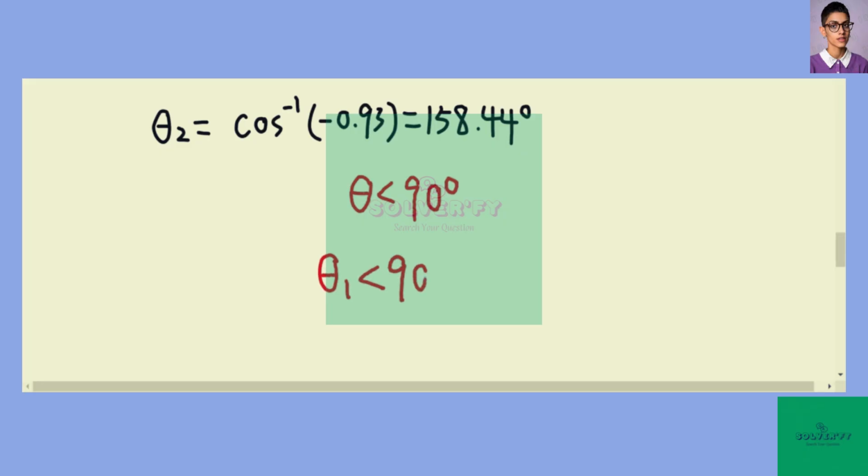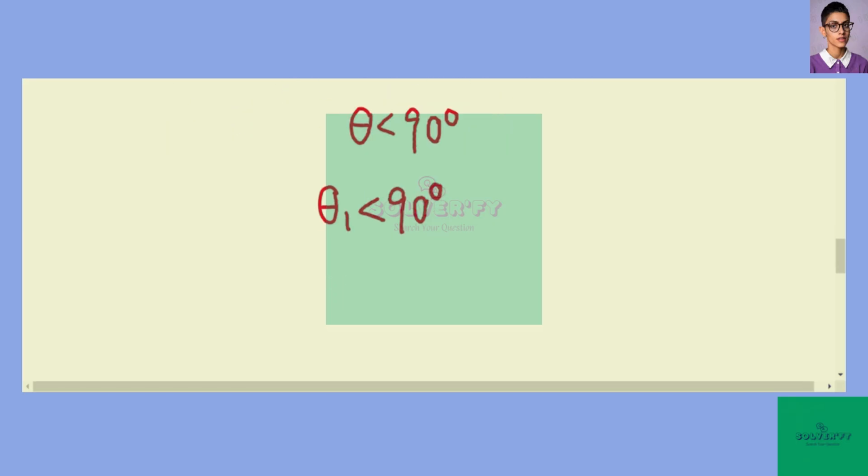Therefore the angle should be equal to theta 1, which is 60.66 degrees. So the maximum allowable value of theta is 60.66 degrees, and this is the answer for this question.